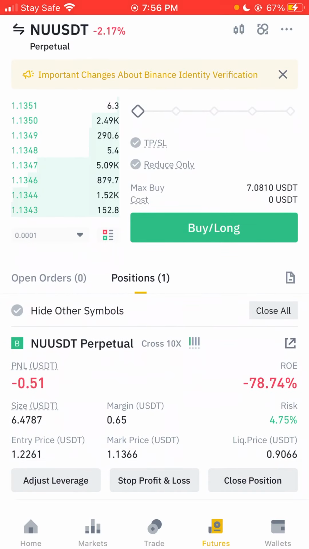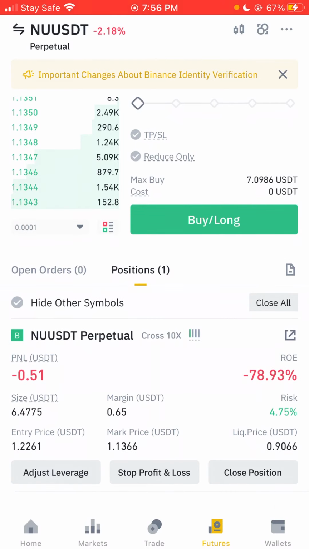The market price is presently 1.13. I entered at 1.2261. You see, that was the amount I entered, and I traded with 6.4781 USDT. Do you understand?